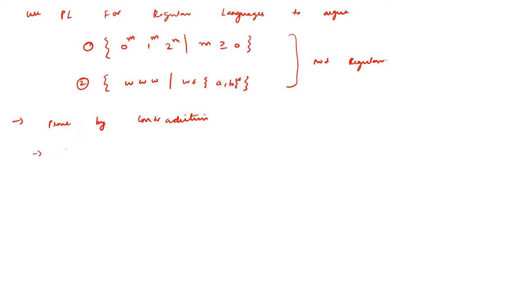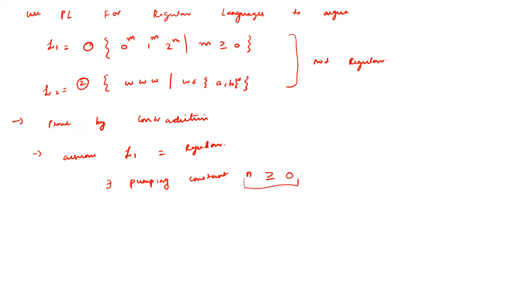The first step is to assume, let's call this L1 and this L2. Assume L1 is regular. Now because L1 is regular, the pumping lemma says that there exists a pumping constant n greater than or equal to 0.